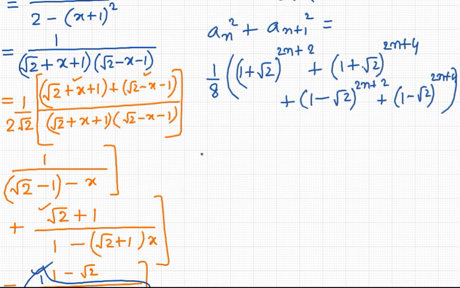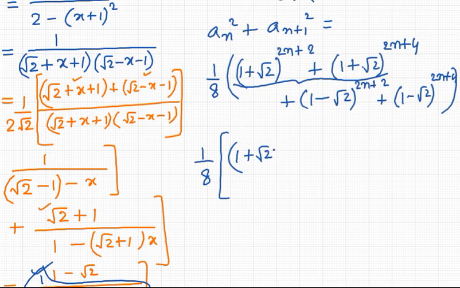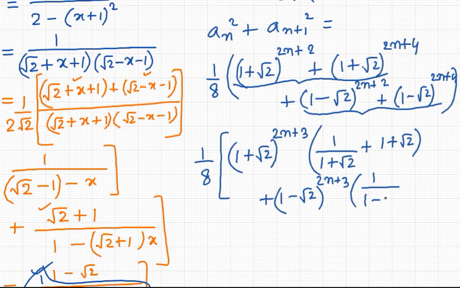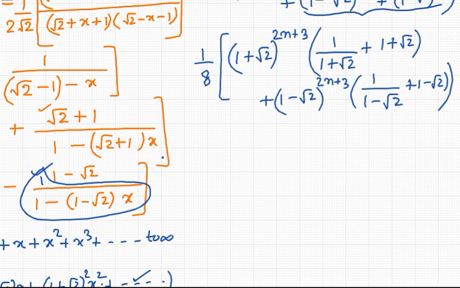Now this is coming out to be 1 by 8 into, from the first two terms, if I take (1 plus root 2) to the power 2n plus 3 common, it will come out to be 1 divided by (1 plus root 2) plus (1 plus root 2). And similarly from the other two terms, if I take (1 minus root 2) to the power 2n plus 3 common, it will come out to be 1 by (1 minus root 2) plus (1 minus root 2).